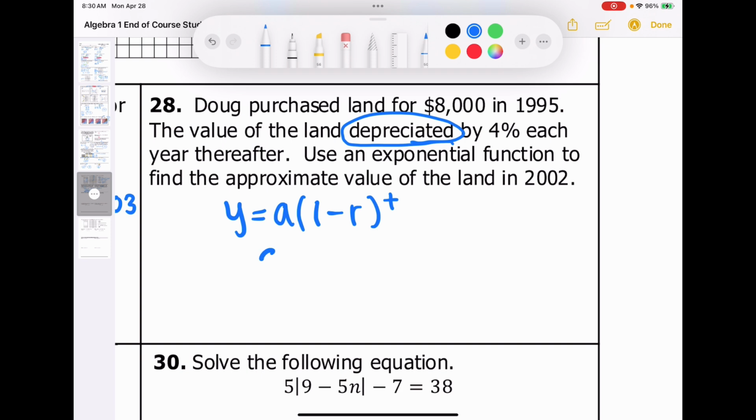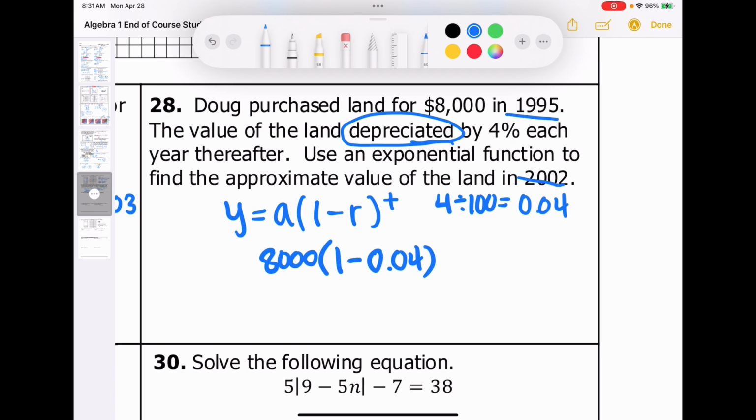So he bought it for $8,000, so that's our initial. It's decreasing at 4%, so I would do 4 divided by 100, which gives me 0.04. And then for time, they give us a start year and an end year, so I would do 2002 minus 1995, which gives me 7.